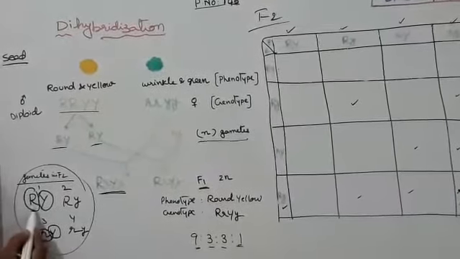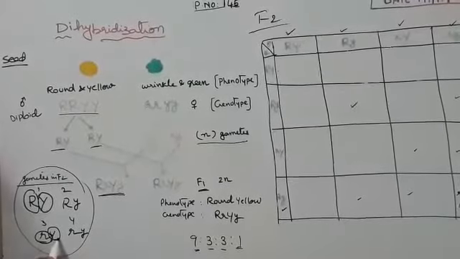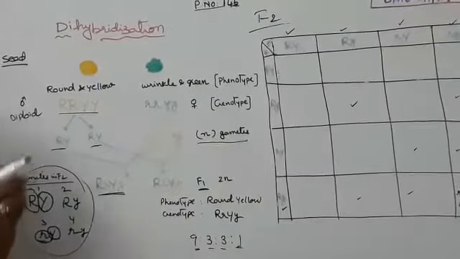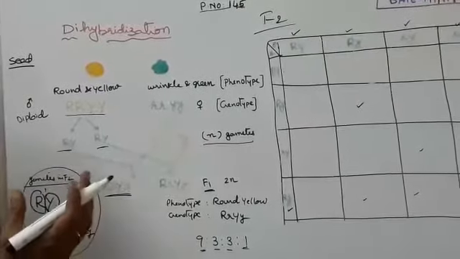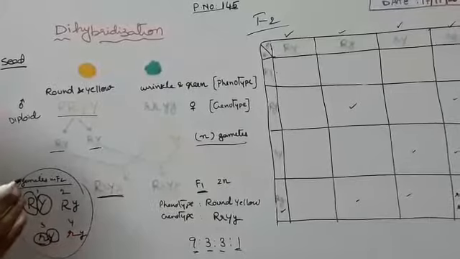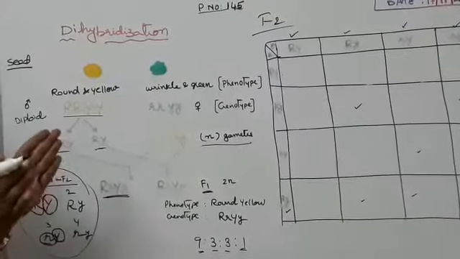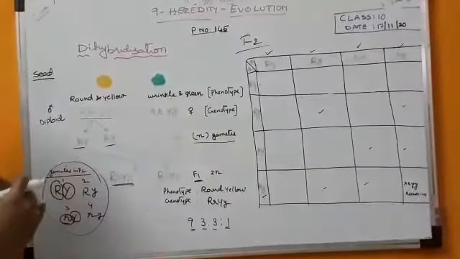So when they get separated, what will happen? They can fuse on their own. This is what we call the law of segregation. And once they get separated, again they can fuse whatever way they want.